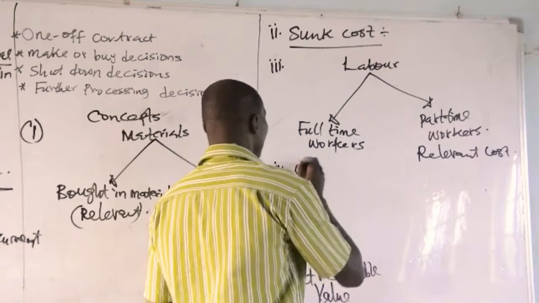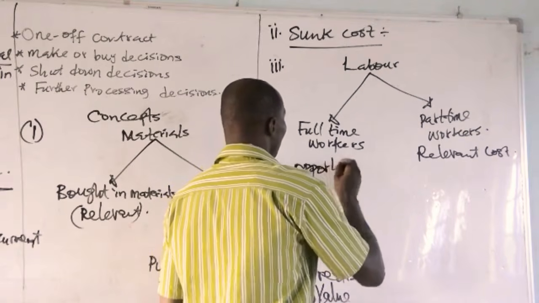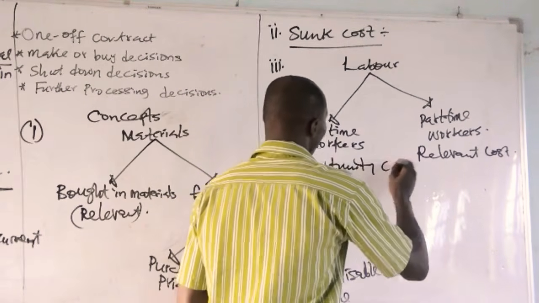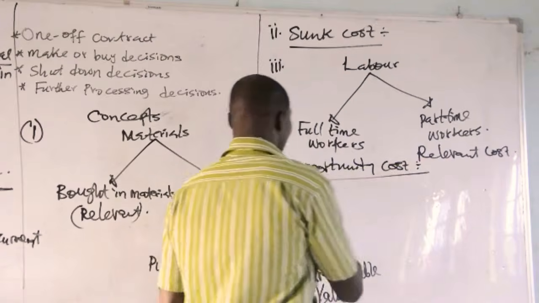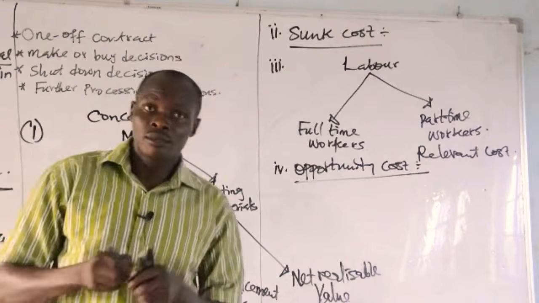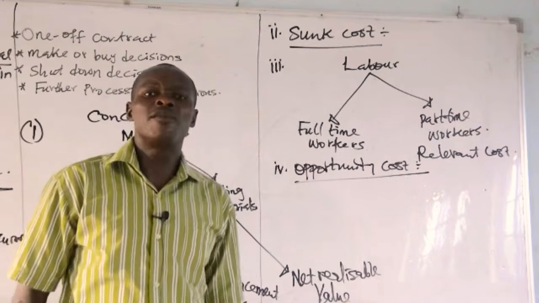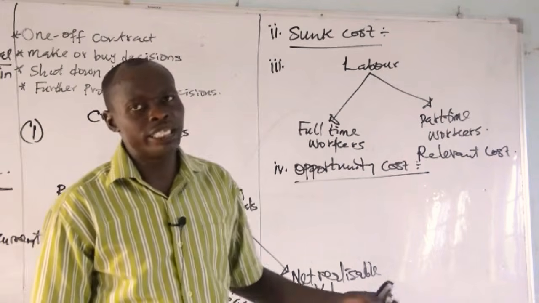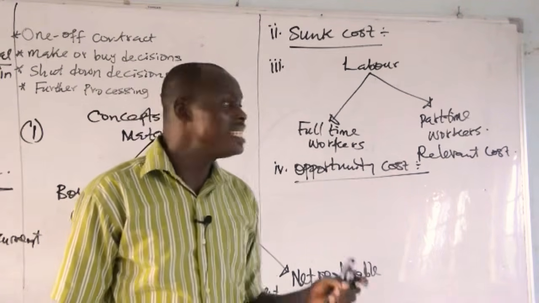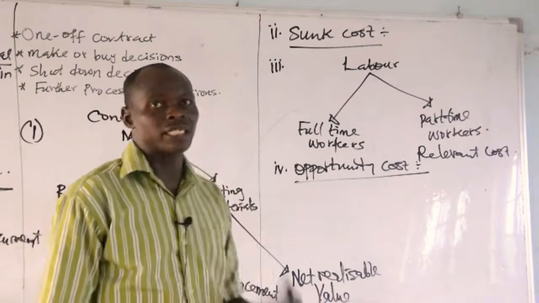Number 4, we have opportunity cost. Opportunity cost is the value of benefits sacrificed at the expense of others.